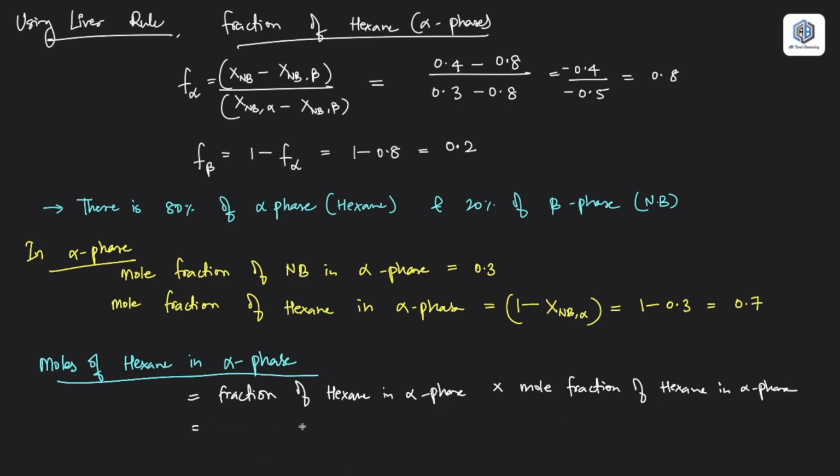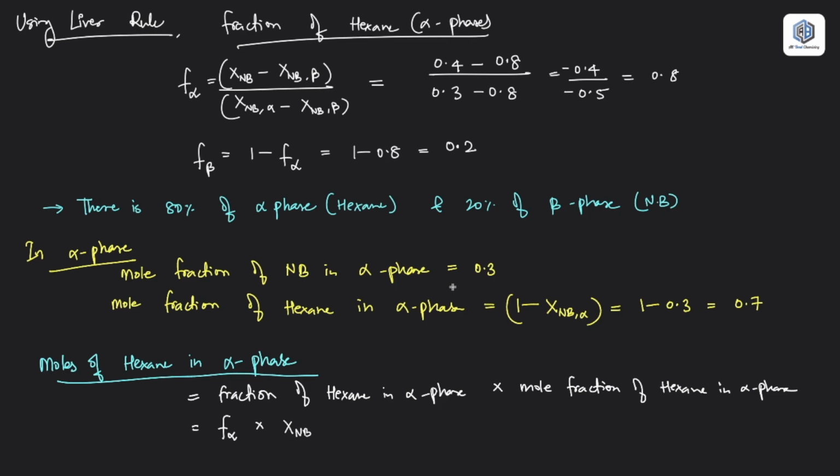So the fraction of hexane in alpha phase is F alpha, multiplied with the mole fraction, which is basically x hexane comma alpha, right?